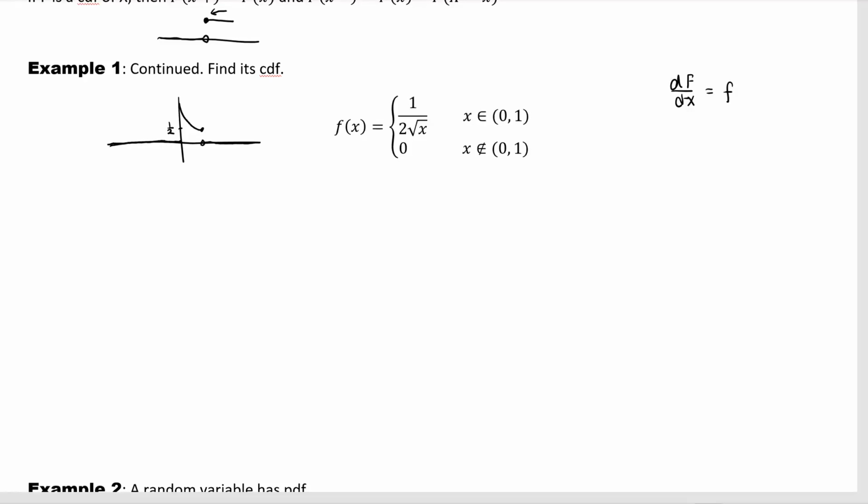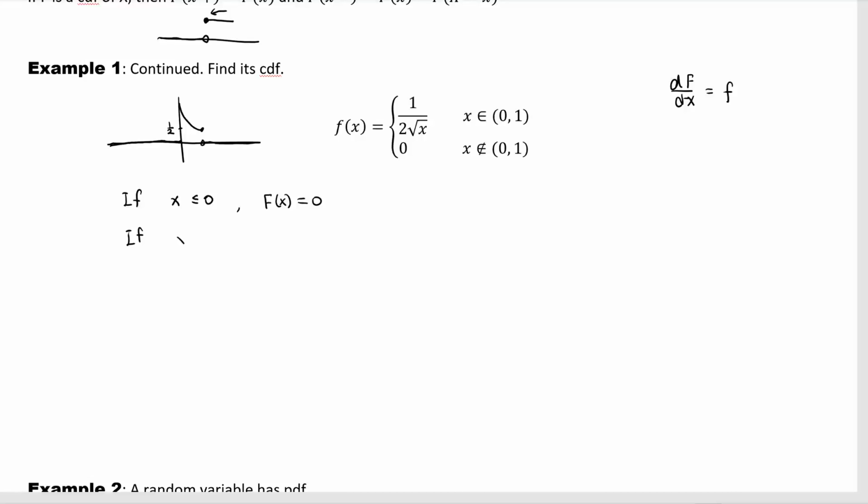So we can see if x is less than or equal to 0, we get F of x is 0 because small f of x is 0.